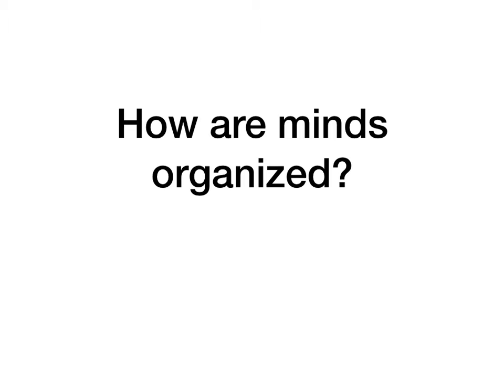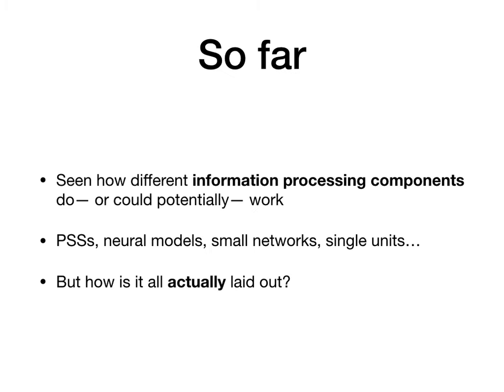So that brings us to a broader question and sort of a synthesis of some of the things we've been talking about: how is a mind laid out? Like I said, we talked about how we have different information processing components, the basic idea that we can set up systems that move information around in all these interesting and neat ways.